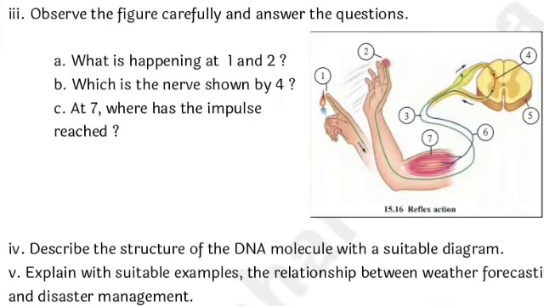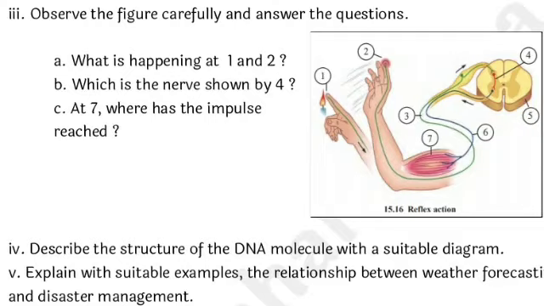Third question. Observe the figure carefully and answer the following questions. In this figure, they had given us that the human is touching the candle, and after touching, immediately he is taking his hand back. This is the diagram for reflex action. So let us see the questions on it.